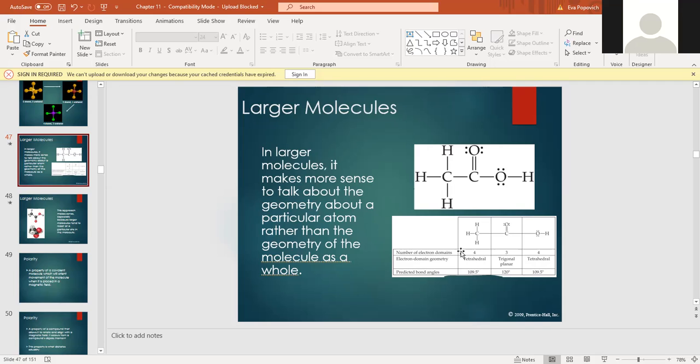With 3 center atoms, you can't answer it unless I ask a specific question. What is the geometry about the left carbon? The left carbon, tetrahedral. Center carbon, trigonal planar. Oxygen, tetrahedral. What specific molecular geometry?